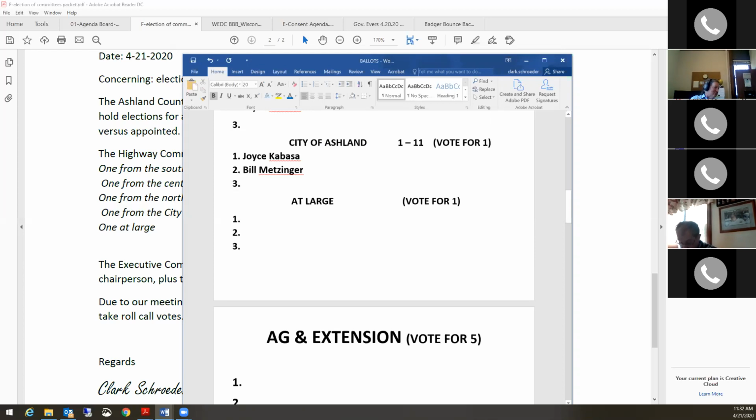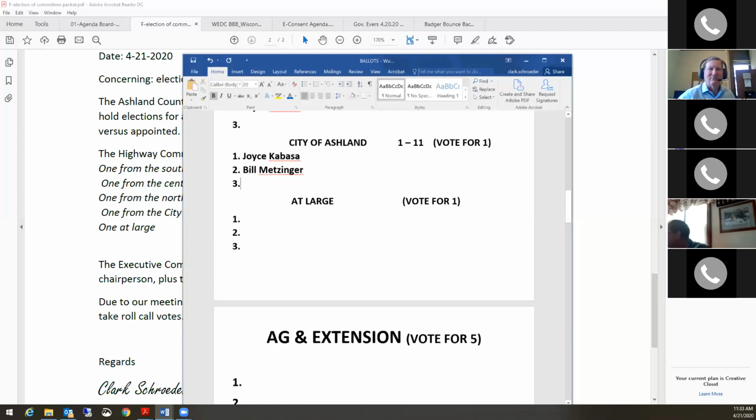Kinney, Metzinger. Portman, Kabasa. Brannick, Kabasa. Hufall, Metzinger. Sendorf, Metzinger. Rose, Kabasa.